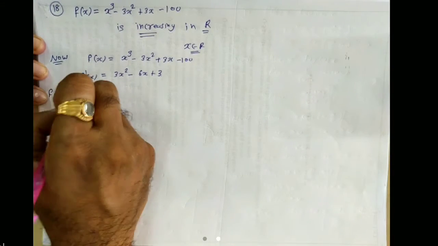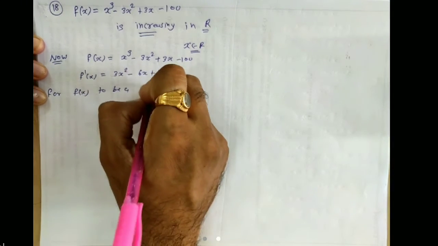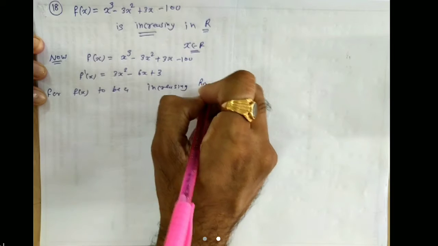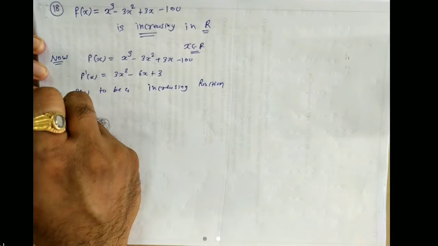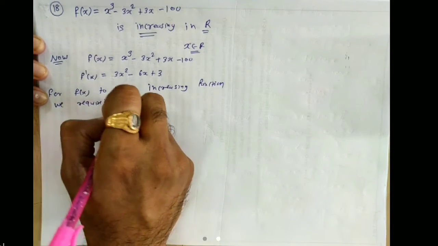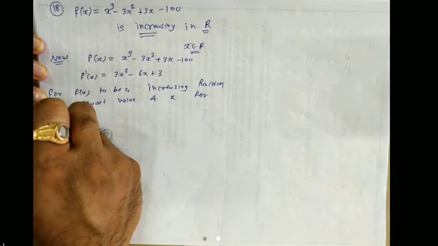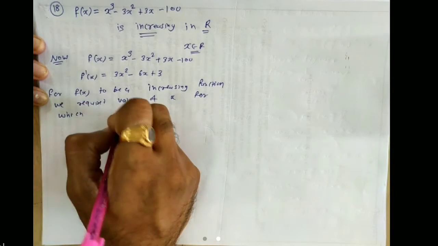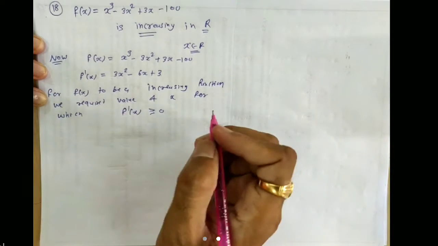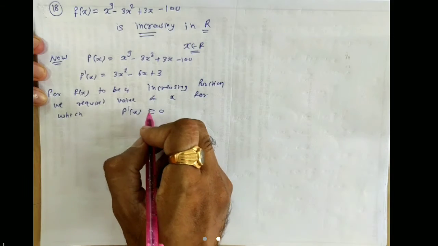So for f of x to be an increasing function, we require the value of x for which our function f dash x must be greater than or equal to 0, right? For an increasing function f dash x must be greater than or equal to 0.